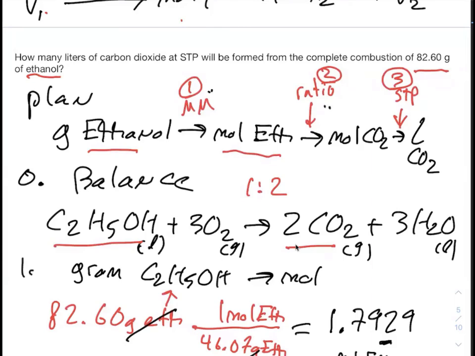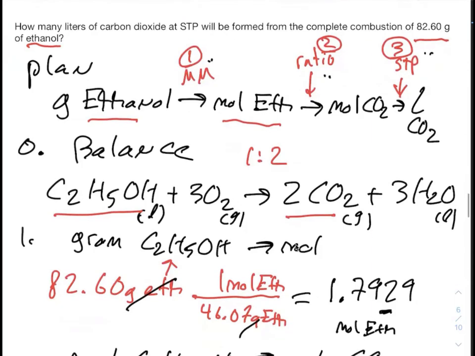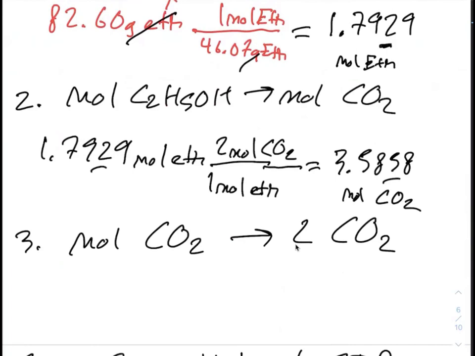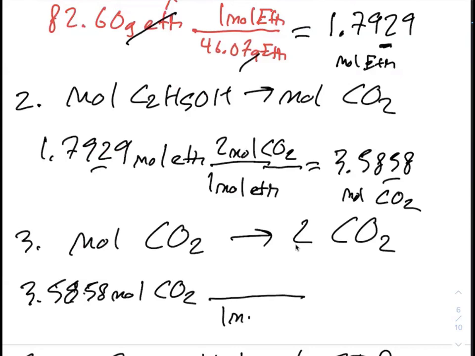Now I'm going to use STP to find the liters. I'm going to use the answer from the previous one, 3.5858 moles of CO2. And then my STP conversion is 1 mole of any gas at STP. I'll put STP there just to remind myself. Has a volume of 22.4 liters.